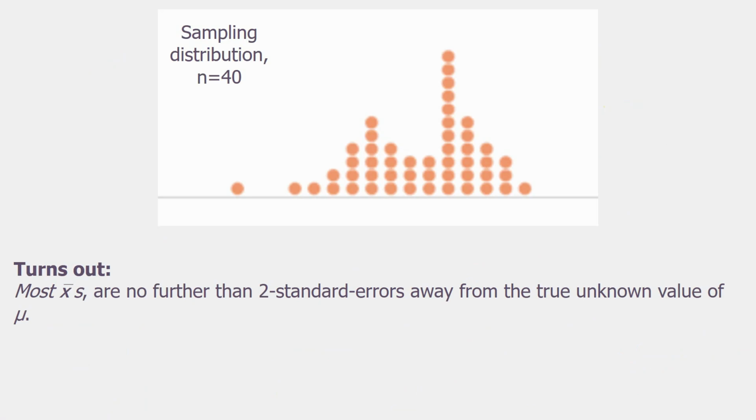We know that most data are no further than 2 standard deviations from the mean of that distribution. Well, this is the same thing. Each of these dots, remember, is a sample mean, and the true mean is the mean of that distribution. So from our mean, this is a sampling distribution you're looking at there, when the sample size was 40.